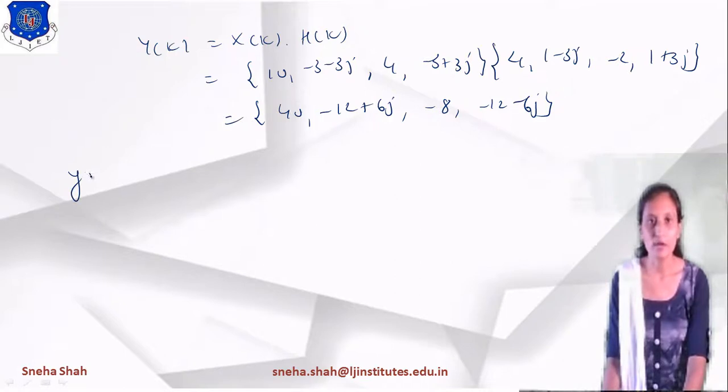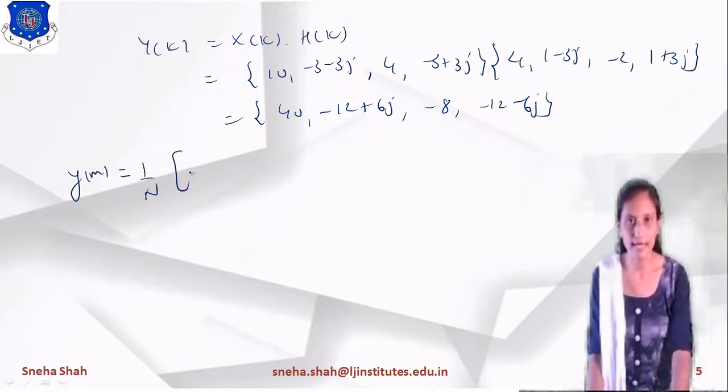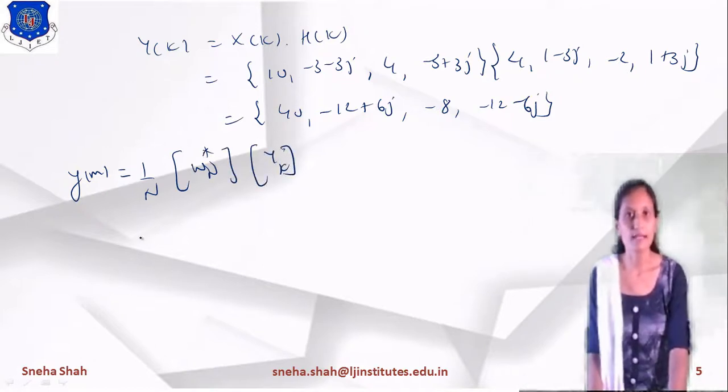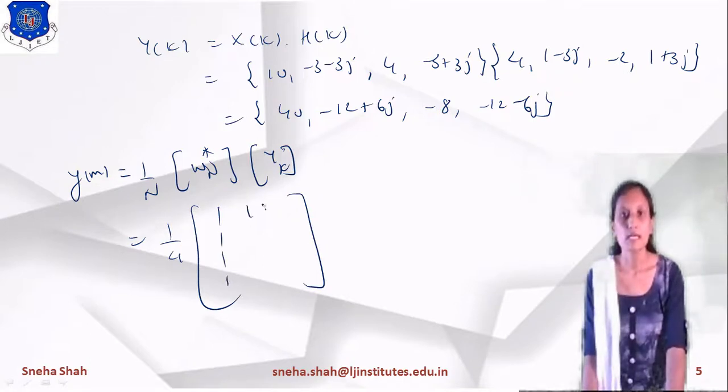Now we have to find the value of y of n, meaning the IDFT of this. The value will be 1 by N, W N conjugate, multiplied with Y of k, right? So what is the value of N? N means the number of terms. The number of samples is 4, so 1 by 4. Here we will take the conjugate of the twiddle factor matrix.